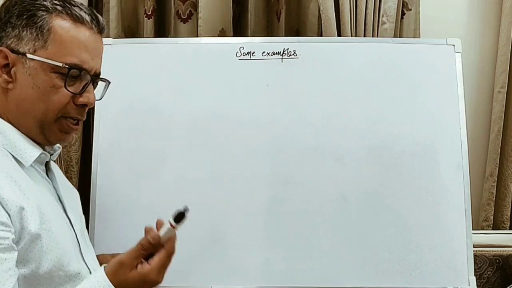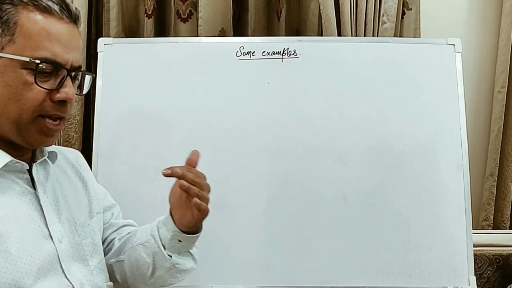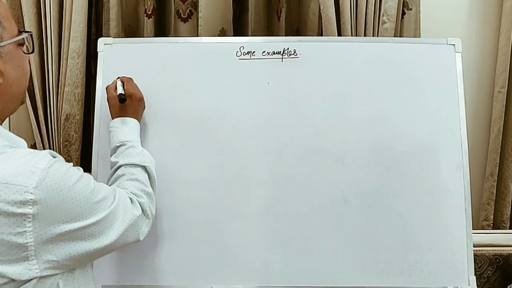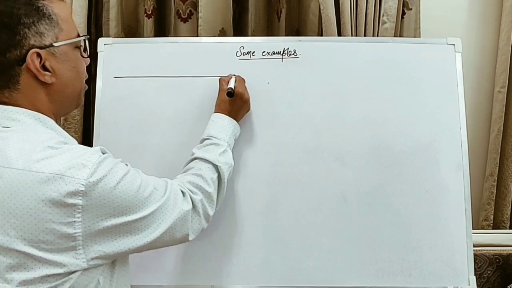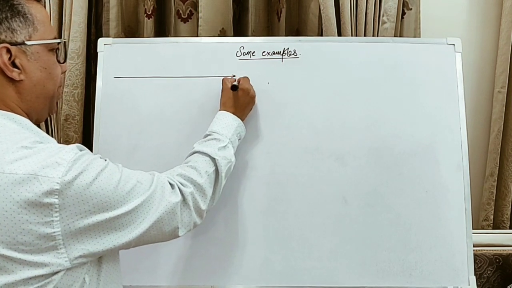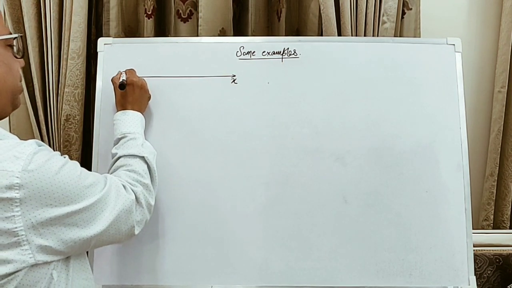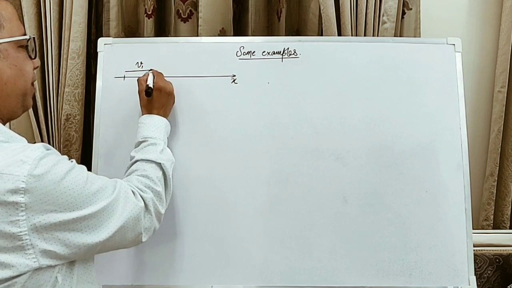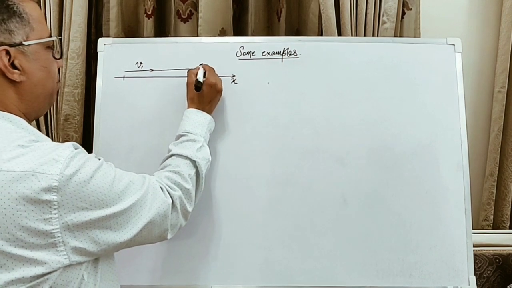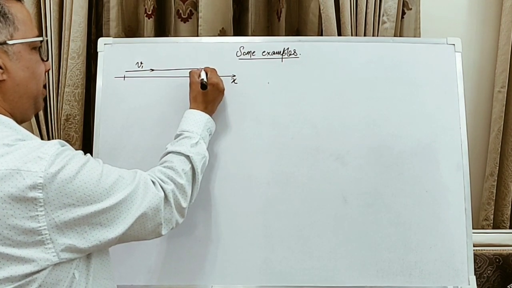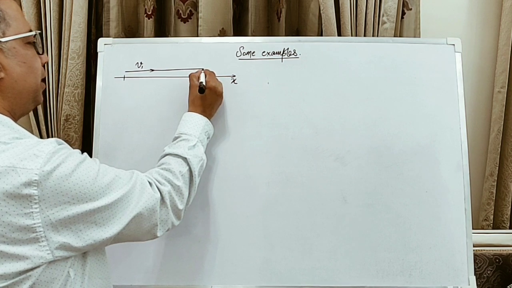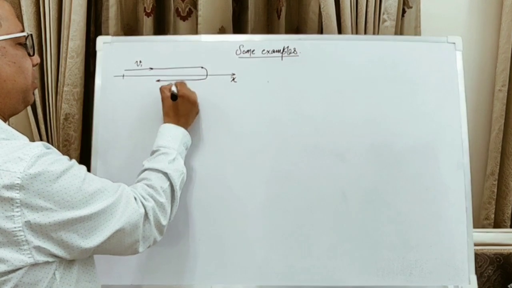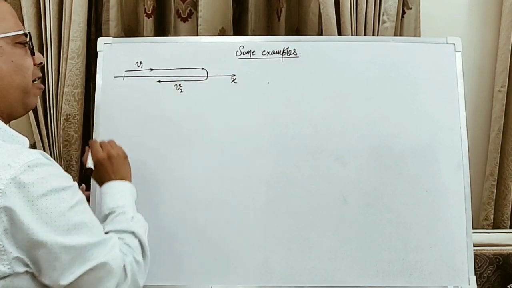A few simple examples based on the ideas we have covered so far. In the first example, we consider an object moving along this x-axis. It travels with a constant velocity v1 for some time, let's say t, and then stops and reverses direction and moves with speed v2 for the remaining half of the time.